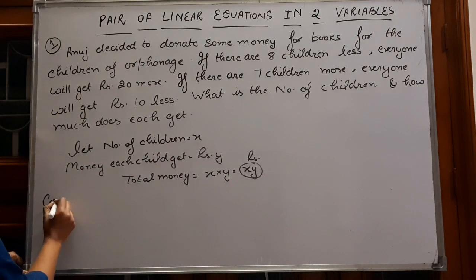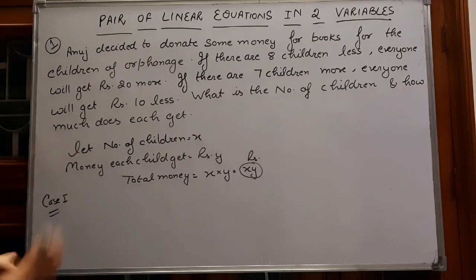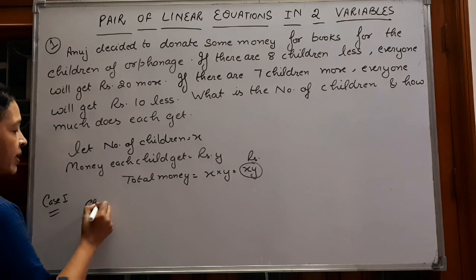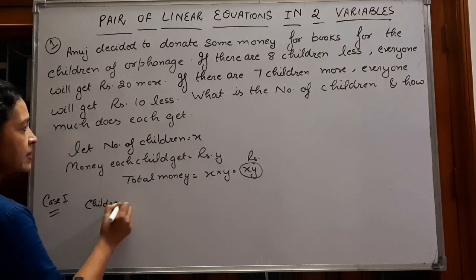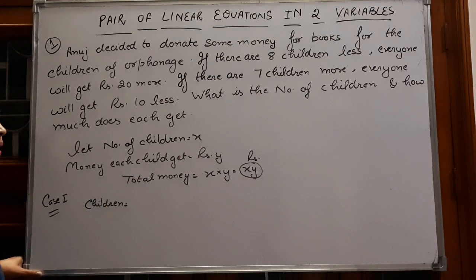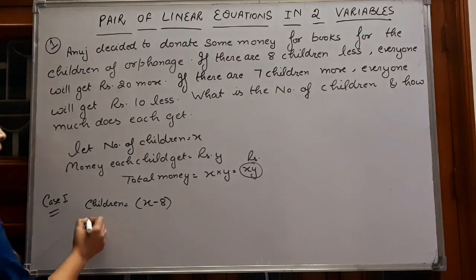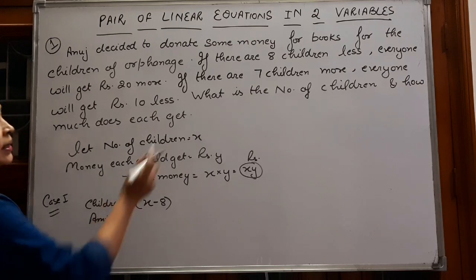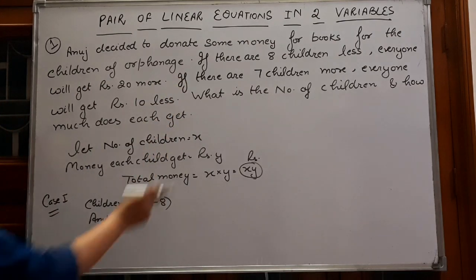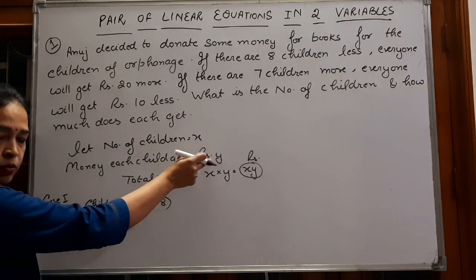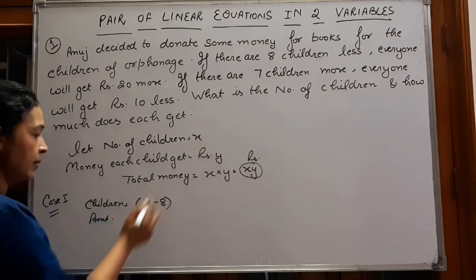In our case 1, if the number of children are 8 less, it means how many children are there in this case? Earlier it was X children, now 8 less, that is X minus 8. Amount each child gets will be 20 more. Earlier they were getting rupees Y per child.